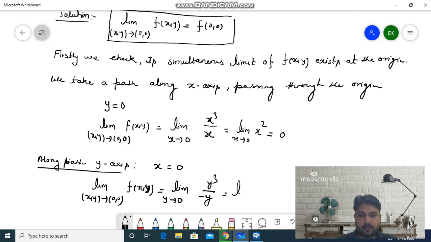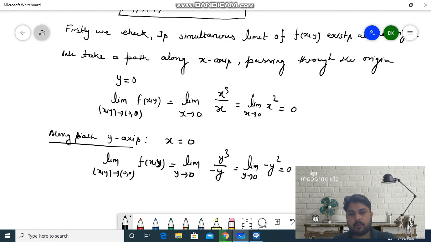So it is limit y tends to 0 of minus y square, and again it gives us value 0. So along the x-axis and along the y-axis the limits of the function are the same.